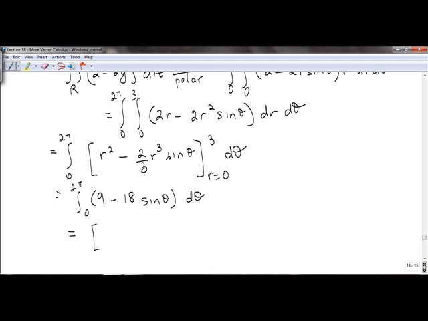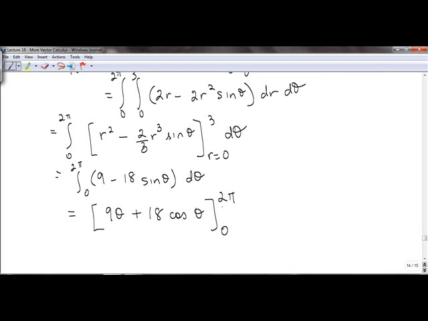Integrate: 9 theta plus 18 cosine theta, 0 to 2 pi, and this ends up being 18 pi. Okay.